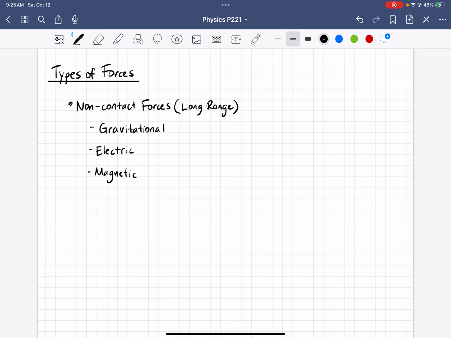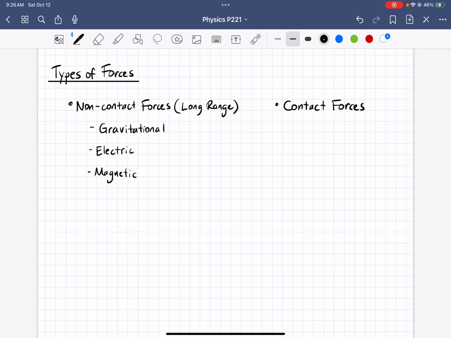So, first of all, anytime there are two surfaces in contact with each other, those two surfaces will push against each other in a direction that is largely perpendicular to the surface, and we call these normal forces. And the word normal is just being used in its mathematical context where it means perpendicular.